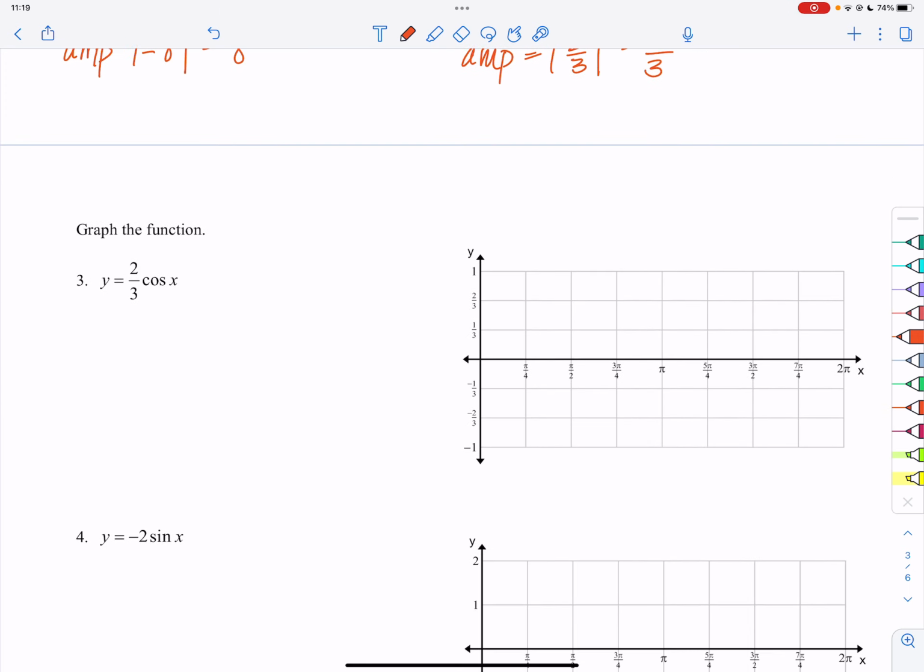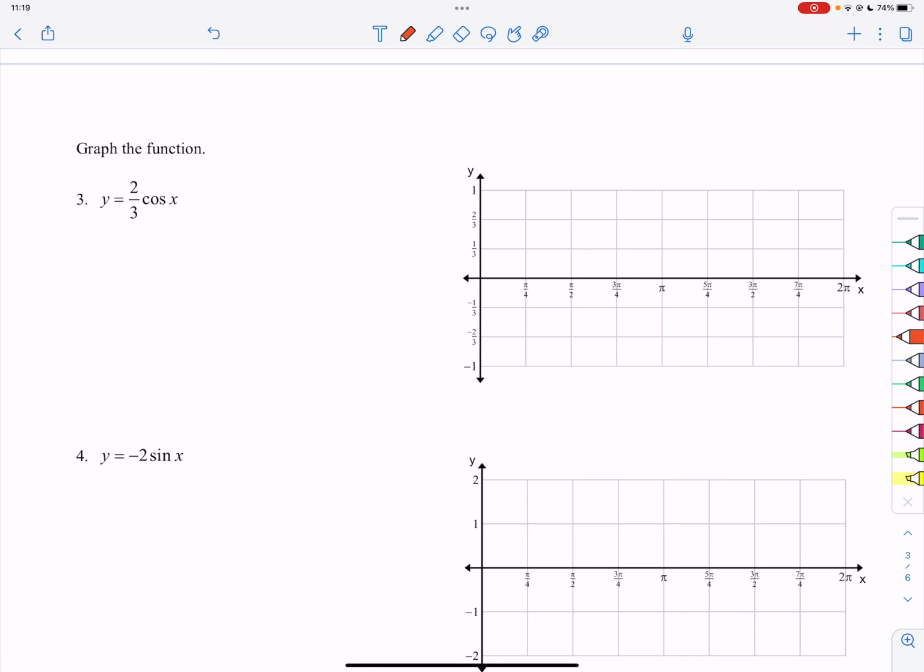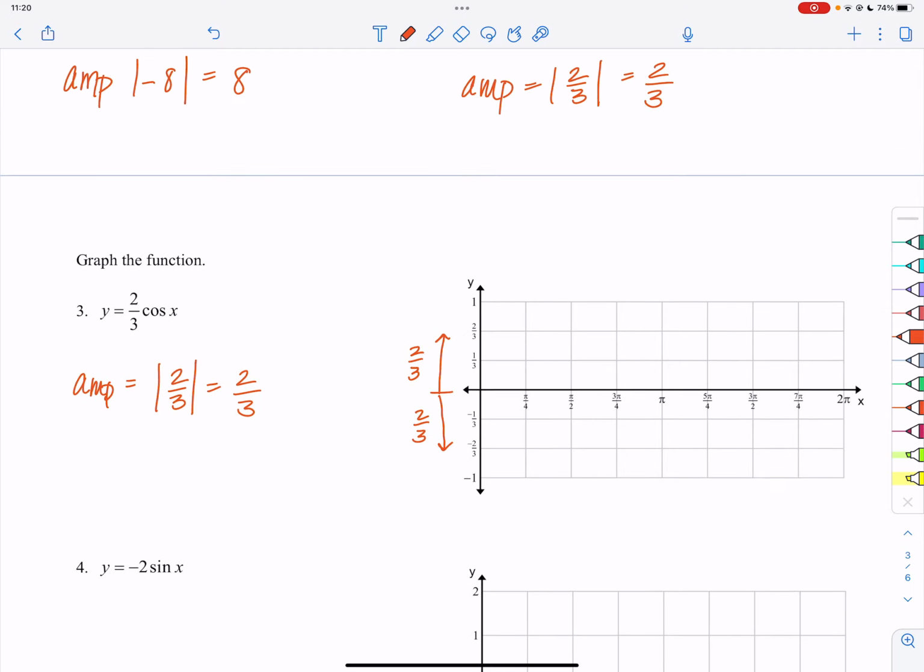Now let's try to graph the function 2/3 times the cosine of x. Well, keep in mind that that amplitude is the absolute value of 2/3, which is equal to 2/3. So we will go 2/3 this way, half of the distance between the max and the min, and 2/3 this way, okay? We will also place our x-intercepts.